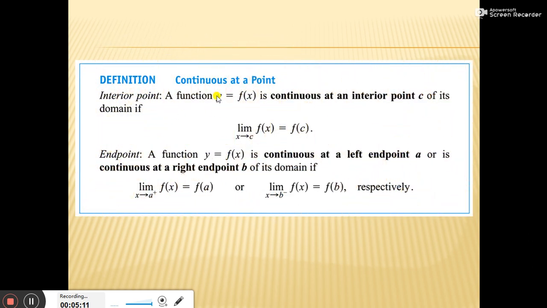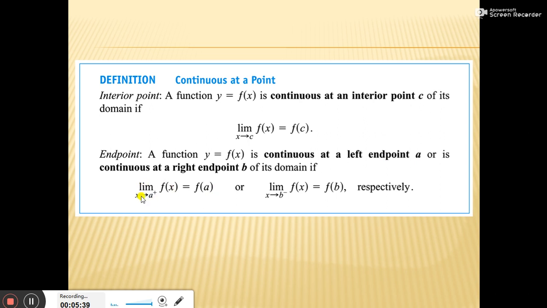Now for continuity at a point, we have to consider the interior points of the domain. If c is an interior point of its domain, then this function is continuous if the limit as x tends to c of f(x) is equal to f(c). And now at the endpoints, at the left endpoint a, the limit as x tends to a from the right of f(x) is equal to f(a).